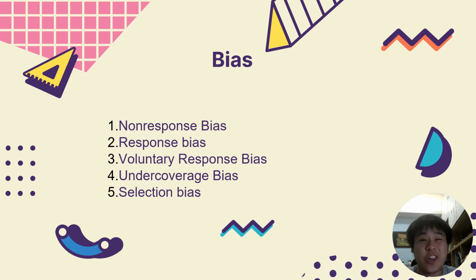Last but not least, we have selection bias. This occurs when the sample selected is not representative of the population intended to be analyzed. For example, say we're conducting a survey about job satisfaction, but only including responses from the employees who are currently working, thereby excluding the unemployed or those on leave, because you did not include all of the subjects.